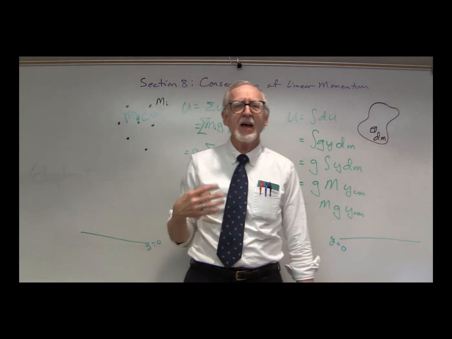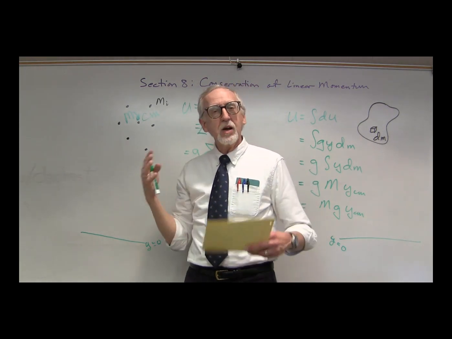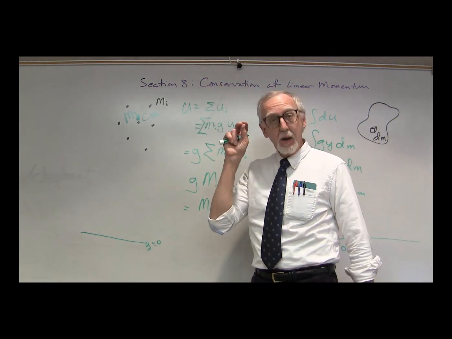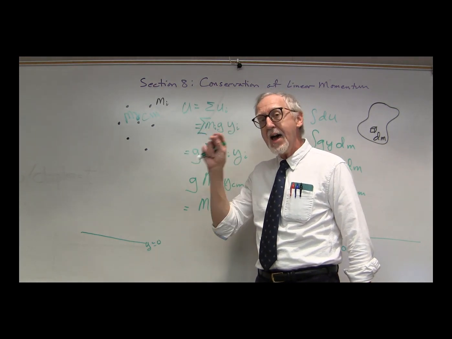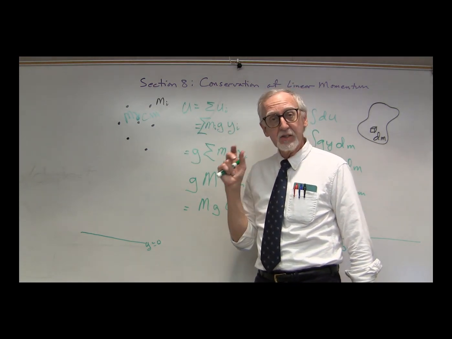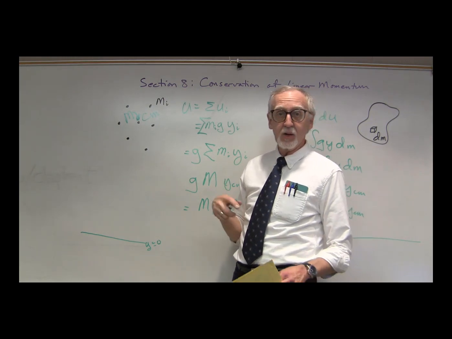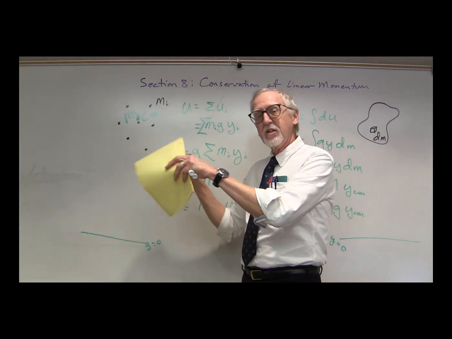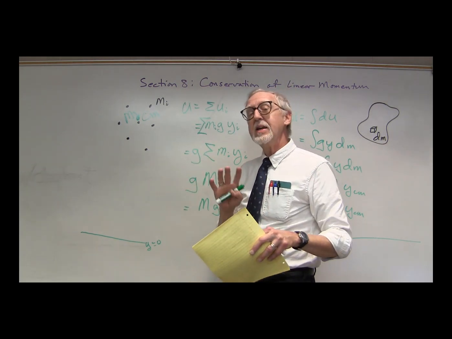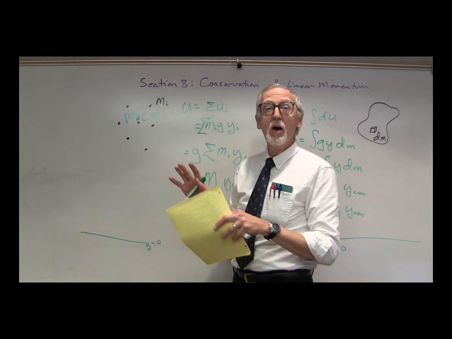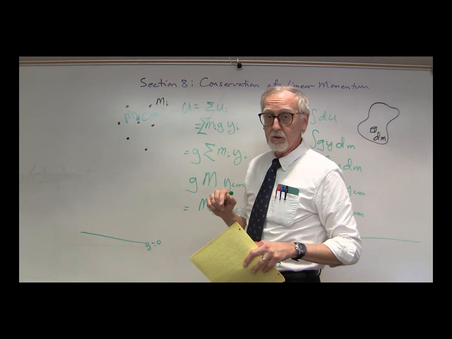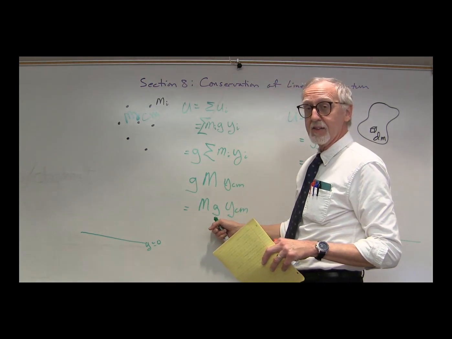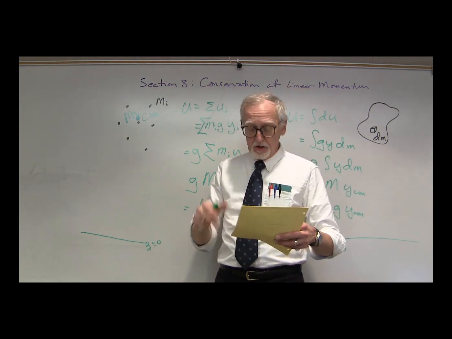This is something that happens over and over again, that when we are looking at a system, we can very often treat it as a point mass located at the center of mass of the system. Now, that's not taking into account relative motion of the point masses around the center of mass, but it is taking into account at least part of what's going on. And in terms of the potential energy, it is giving us exactly that result. All right, very good.